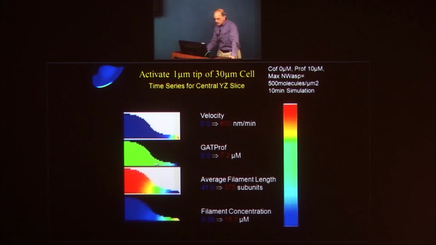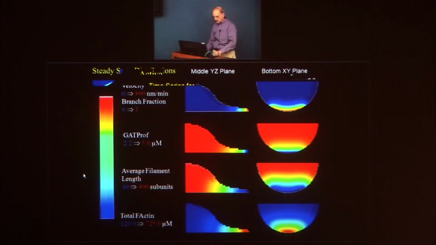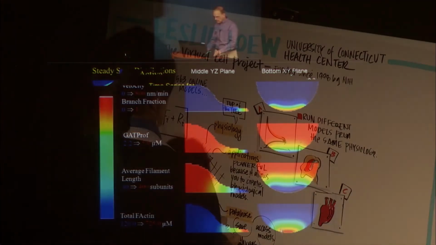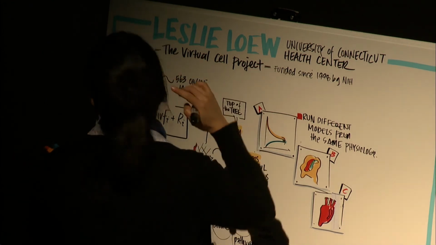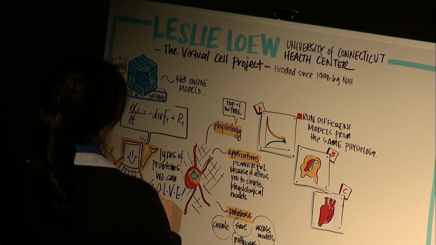The movie here in the second pane is the distribution of monomer, the most active monomer, average filament length, and filament concentration. So again, just to give you an idea of the kinds of things we can do. This shows the steady state values of several of those same parameters, including the total F-actin at steady state after the activation of the tip. And this is showing the bottom XY plane and the middle YZ plane.